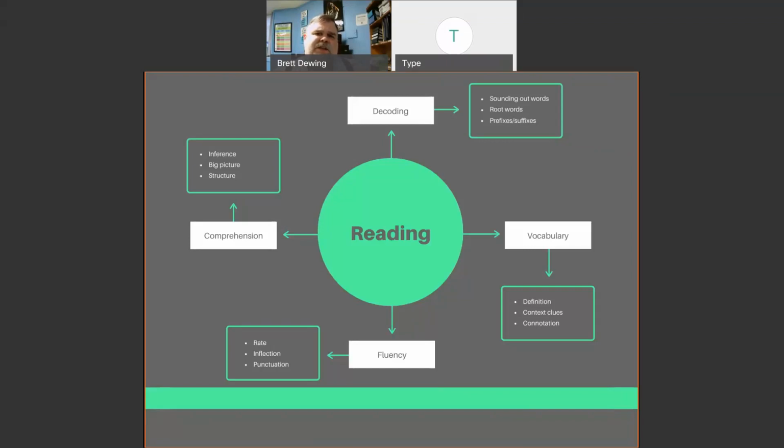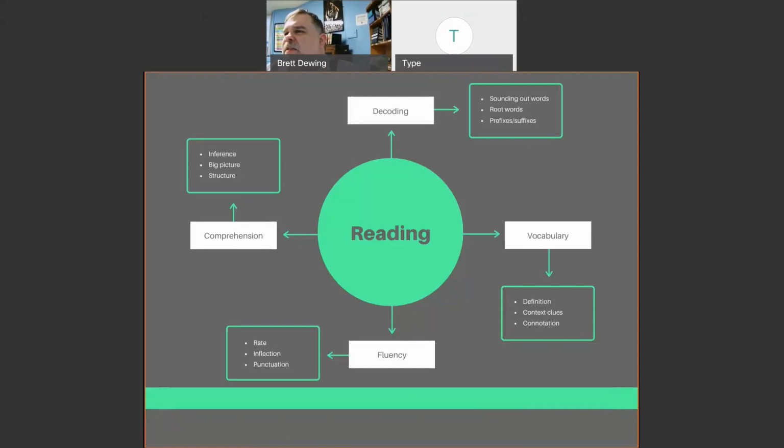If there's a value judgment that it carries, or if it's an angry word or something like that. So, talked about decoding, figuring out words that you don't know, vocabulary, learning how to figure out what they mean and what the feeling behind them is, the connotation.